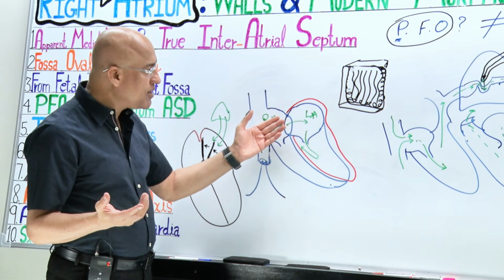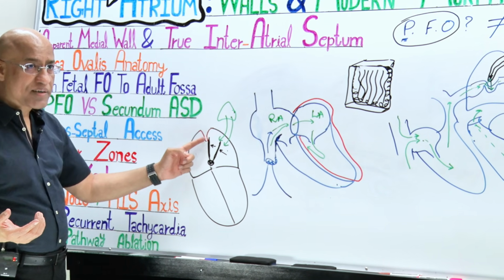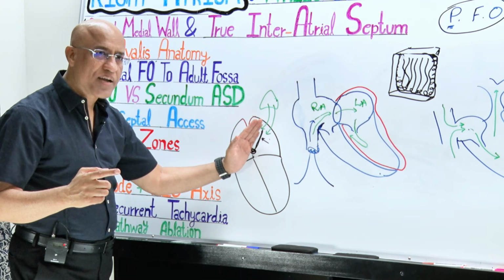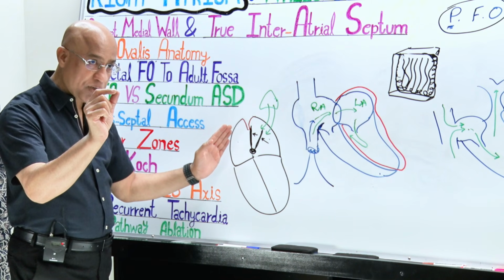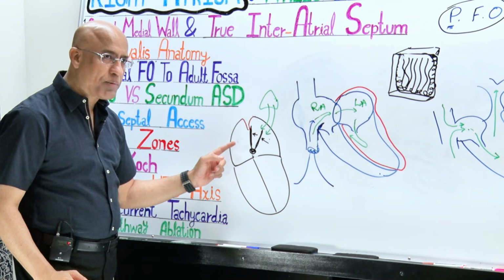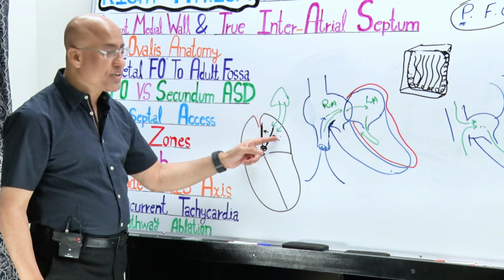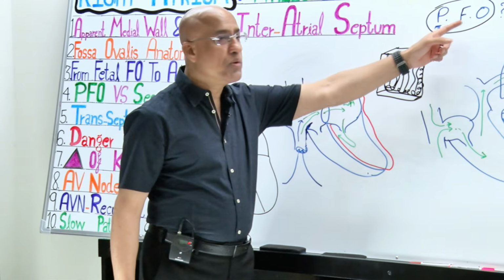And blood pushes this unsealed part, which is present in 25% of the population, a little away. And very temporarily it is possible that there is shunting of blood from the right atrium to the left atrium in the patient with patent foramen ovale.